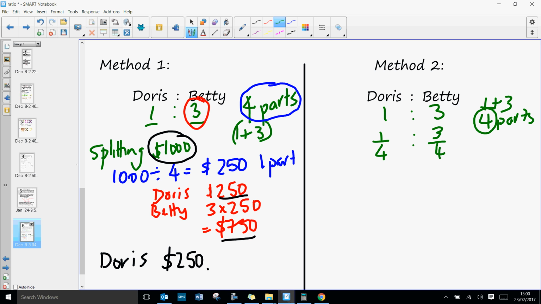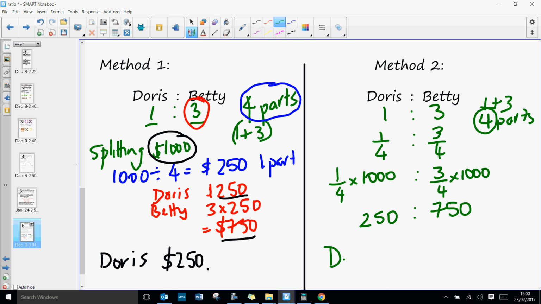So that means Doris is going to have 1/4 of 1,000, and Betty will have 3/4 of 1,000. 1/4 of 1,000 is 250, 3/4 is 750. So the answer to our question is Doris receives $250.